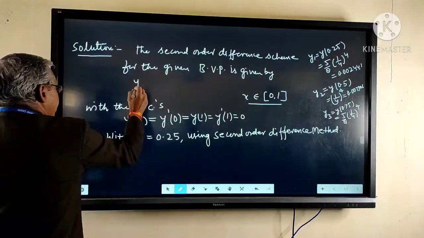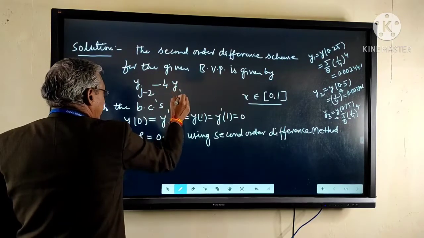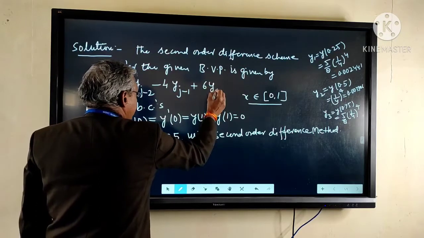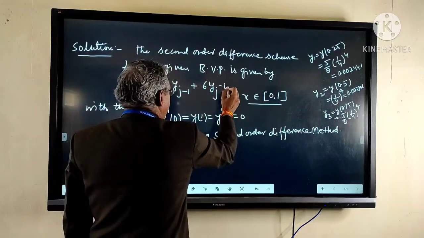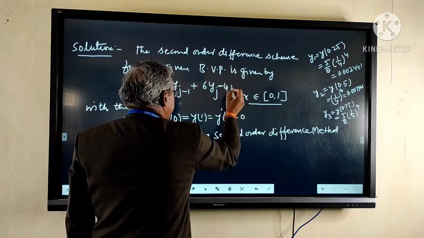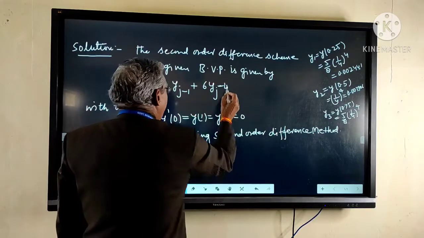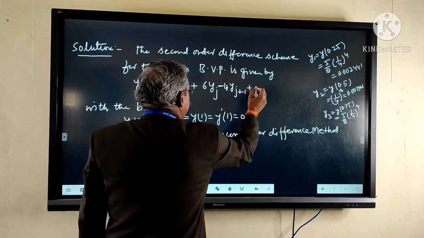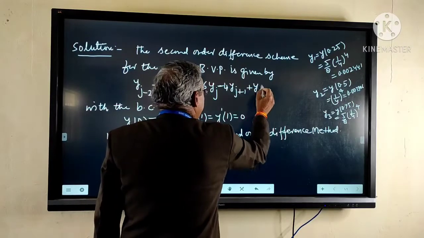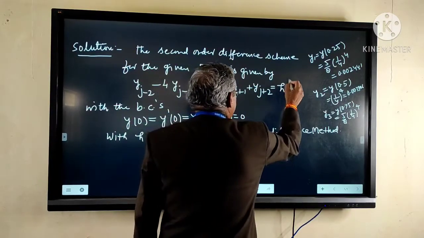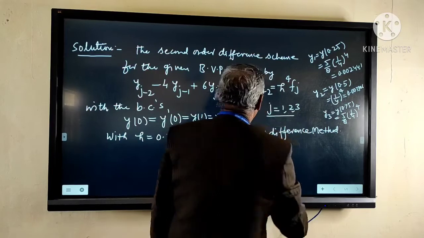y_{j-2} minus 4 y_{j-1} plus 6 y_j minus 4 y_{j+1} plus y_{j+2} equals h to the power 4 f of j, where j equals 1, 2, 3.